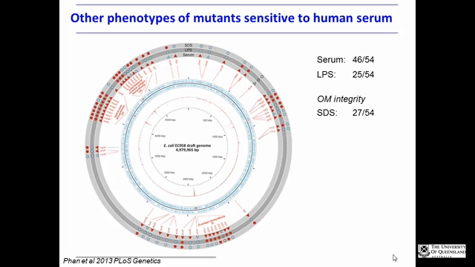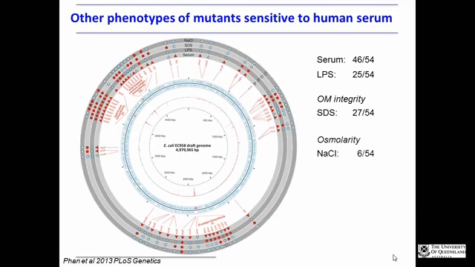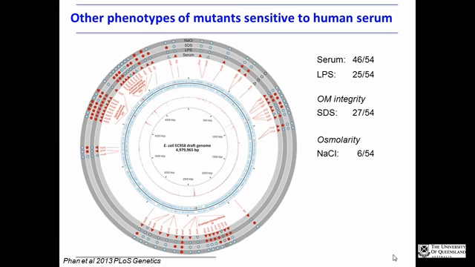We also predicted that many of the mutants that we obtained might be altered in outer membrane integrity, and we tested this by looking at their sensitivity to SDS, and we found that half of these mutants were sensitive to SDS, and I've indicated some of those mutants in red on the outer ring of this diagram. We also predicted that some of these mutants might be more sensitive to changes in osmolarity, and in actual fact we were able to identify some of these mutants, confirming some of these phenotypes.